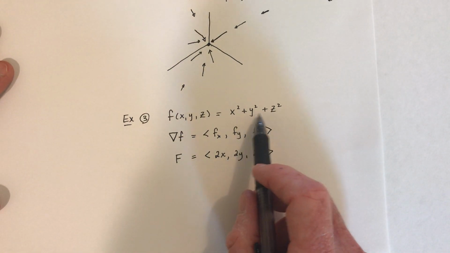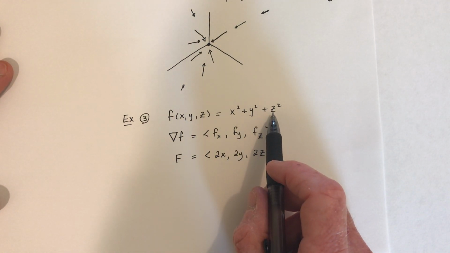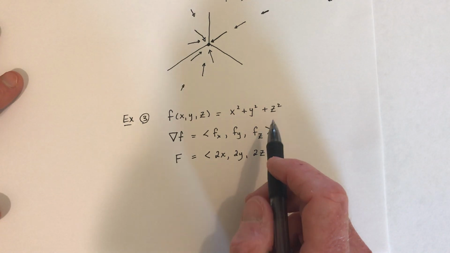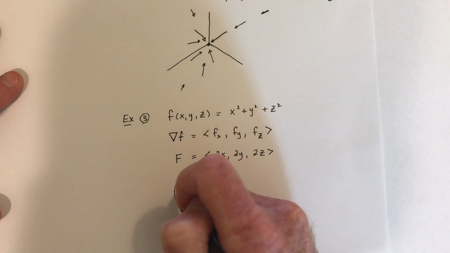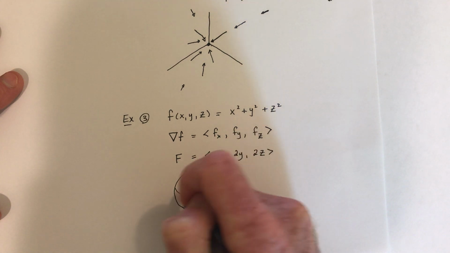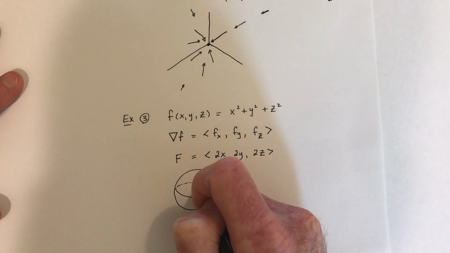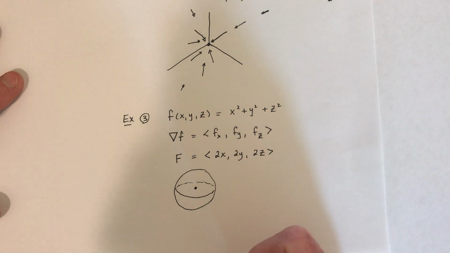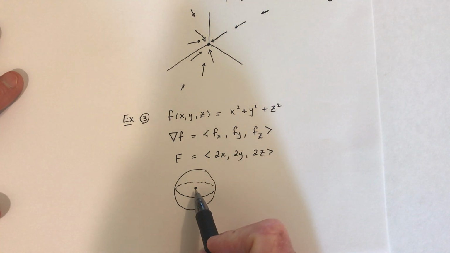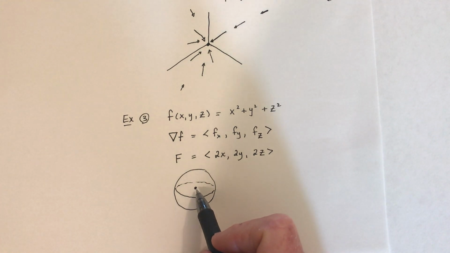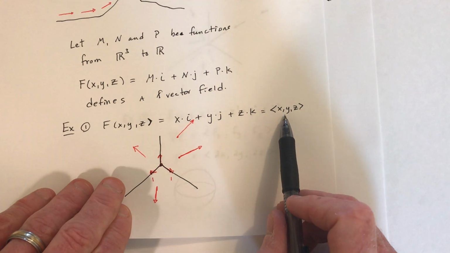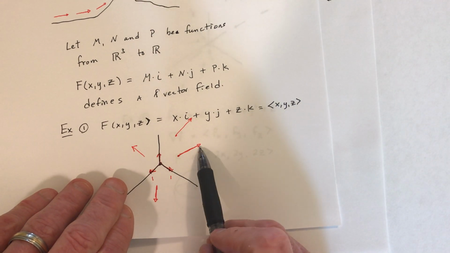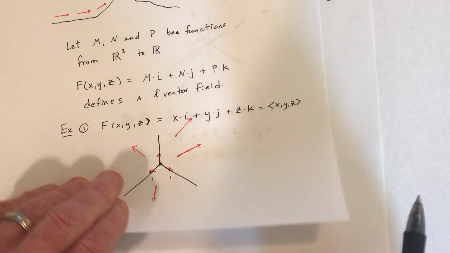Now with x squared plus y squared plus z squared all added together, that basically makes a sphere where the center is 0, 0, 0. So there's the origin. And then, like with example number 1, this one was x comma y comma z, and it has the vectors going out like this.